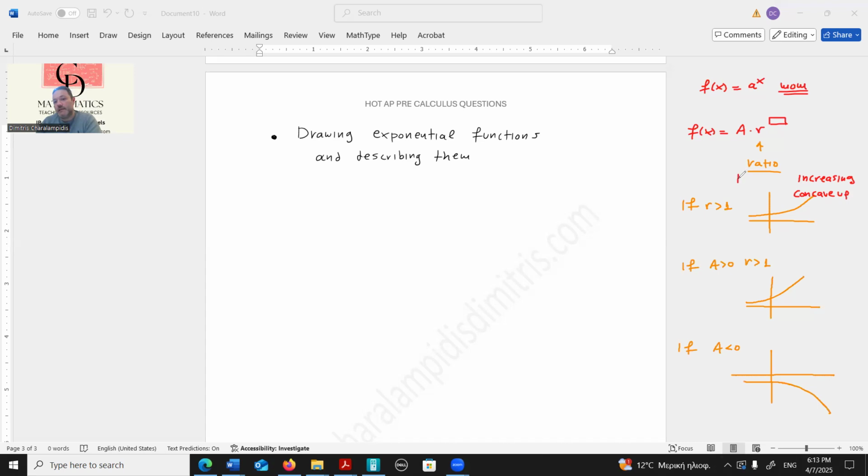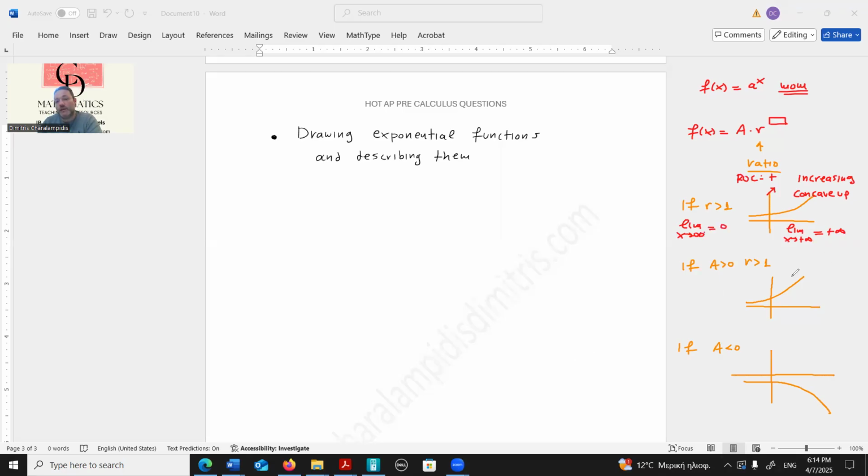By increasing, this means that the rate of change is positive and that the rate of change is increasing. With regards to the end behavior, as x tends to plus infinity, it is equal to plus infinity, and as x tends to minus infinity, it is equal to 0.